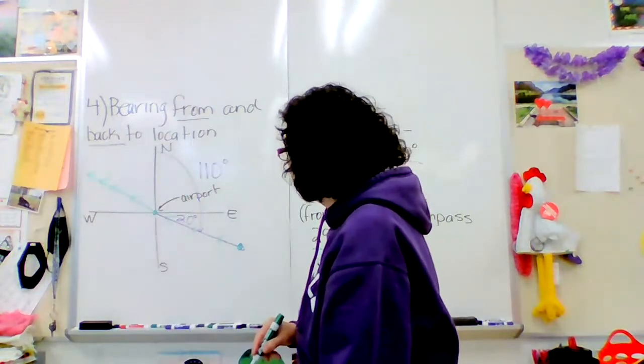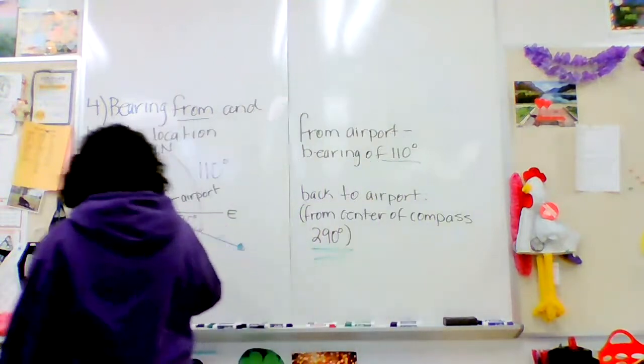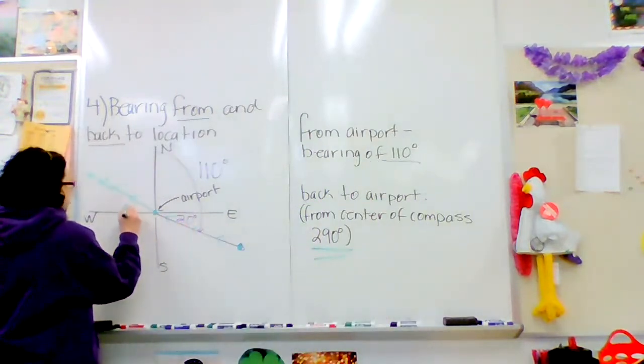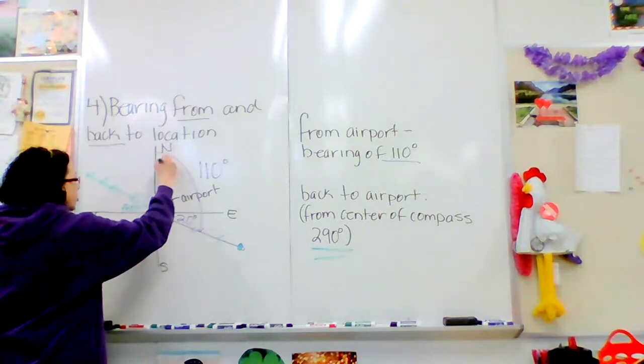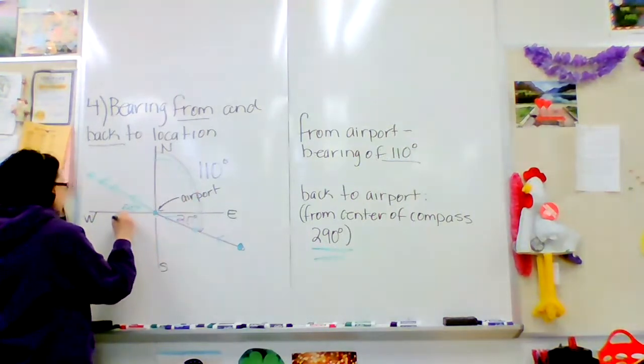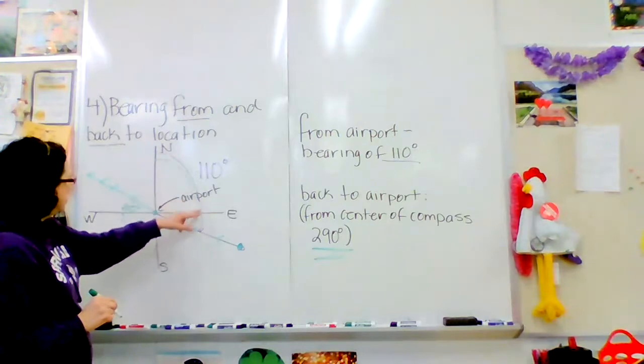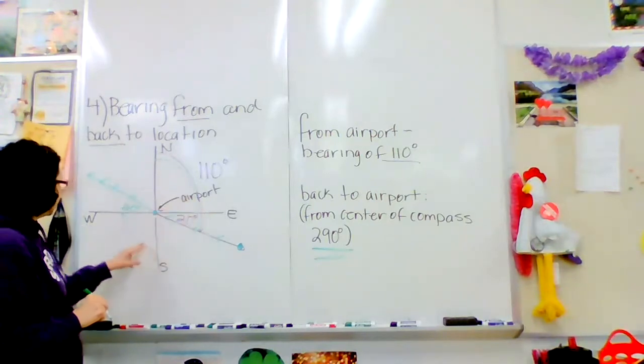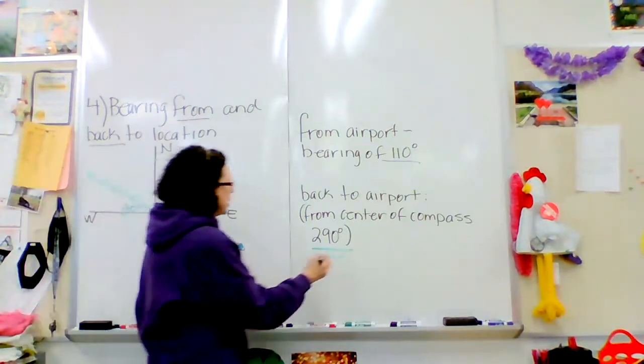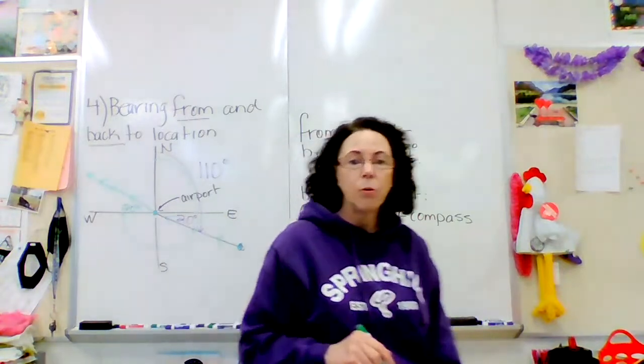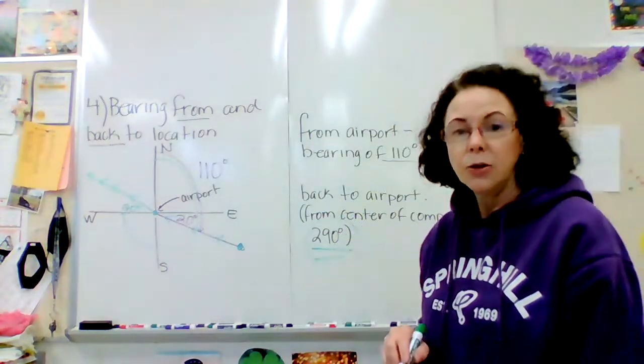So if this was 20 degrees, so is this one here. Now your bearing back to the airport is 90, 180, 270 plus 20. And so your bearing back to the airport is 290 degrees.